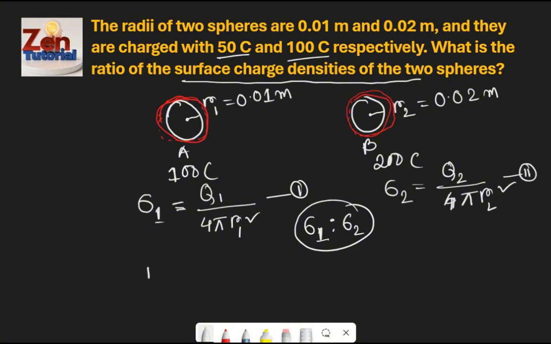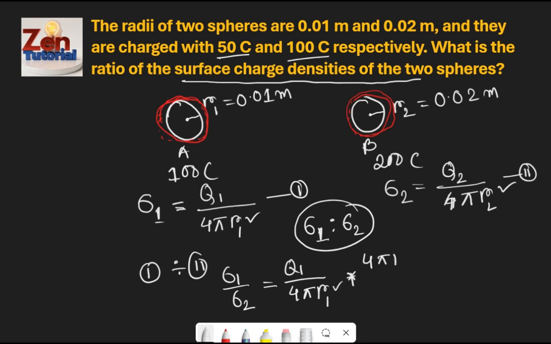Now if we would like to calculate or determine the ratio, indeed we have to divide these two equations. As a result, we will have sigma 1 over sigma 2. Now this will be q1 and this is 4 pi r1 square. Now if we multiply here, as a result this will be 4 pi r2 square and this is q2.